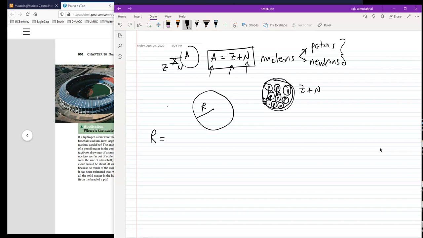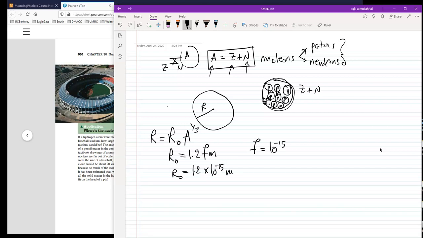And this radius of the nucleus is equal to R naught A to the power of 1/3. What does that mean? Well, R naught here is a constant, and it is equal to 1.2 femtometer. Now, a femto is 10 to the negative 15, so this means it is equal to 1.2 times 10 to the negative 15 meters.